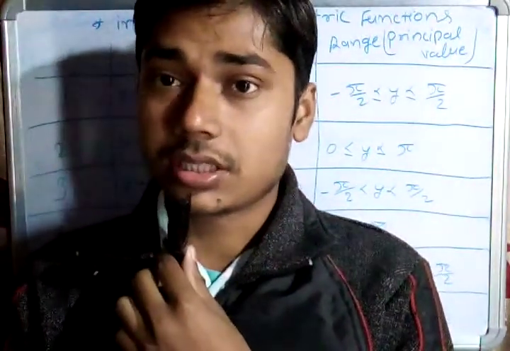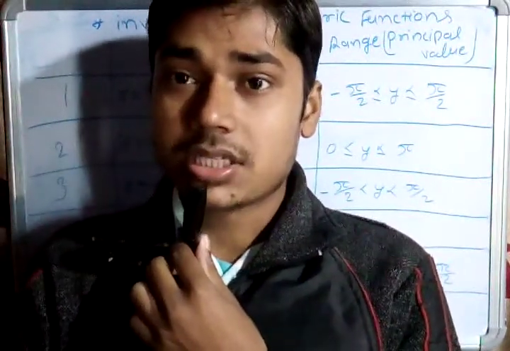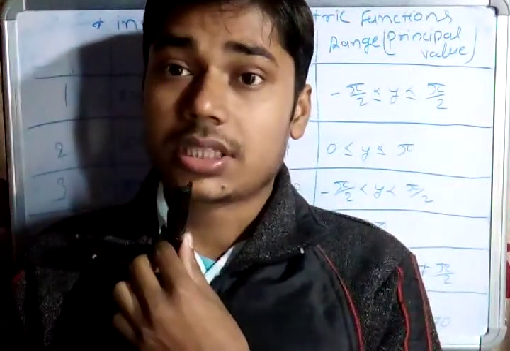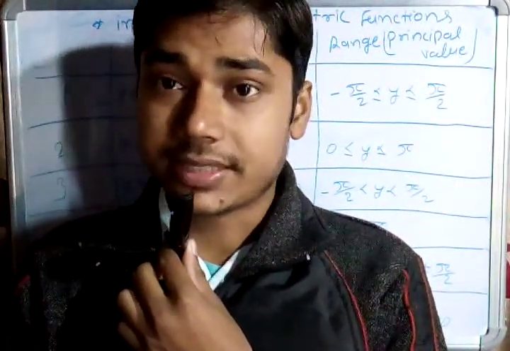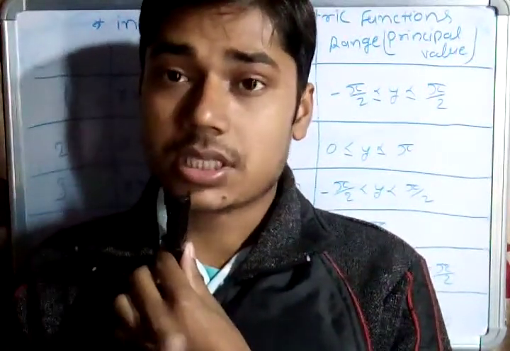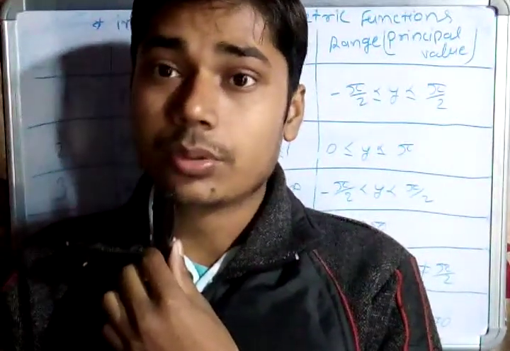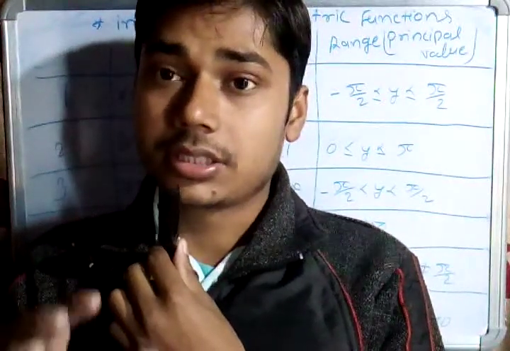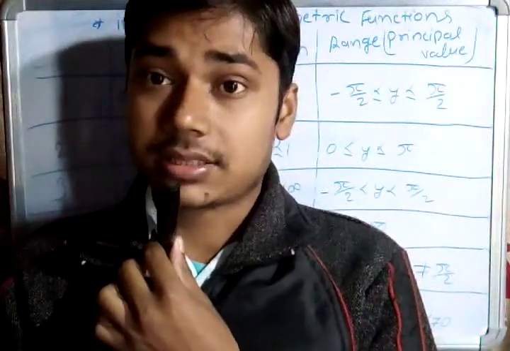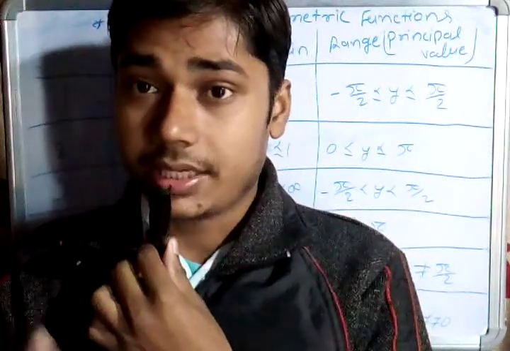We found the differentiation of many functions such as sine theta, cos theta, sec theta, cosec theta, tan theta. We know that the differentiation of a constant is 0. The differentiation of root x is equal to 1 by 2 root x.